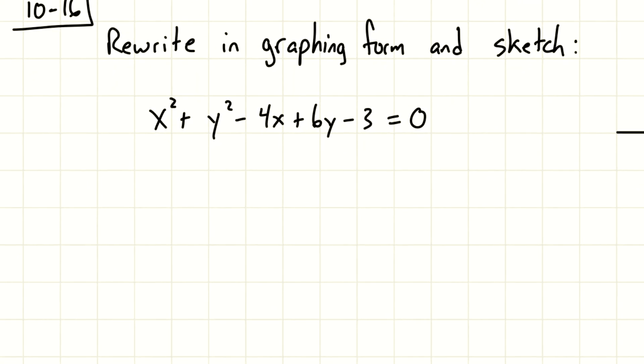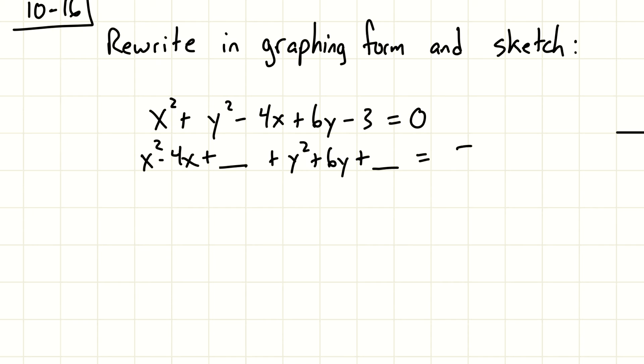I'll zoom into this. So this is going to be x squared minus 4x plus some number plus y squared plus 6y plus some number equals 3 plus those two numbers. You'll notice I added 3 to both sides.